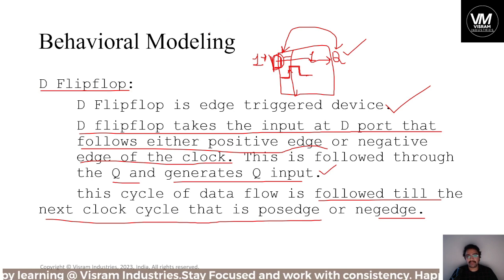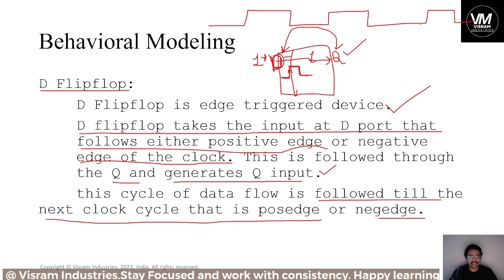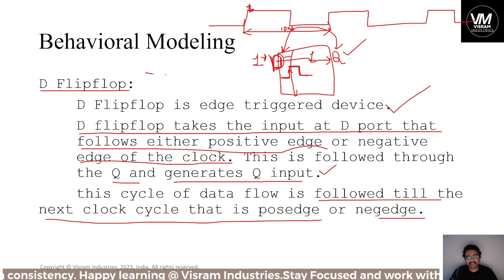For example, if you have a clock pulse of 10 nanoseconds, let us say, take it from here till here, it is 10 nanoseconds. And you have data of only one bit. So what is the D input?